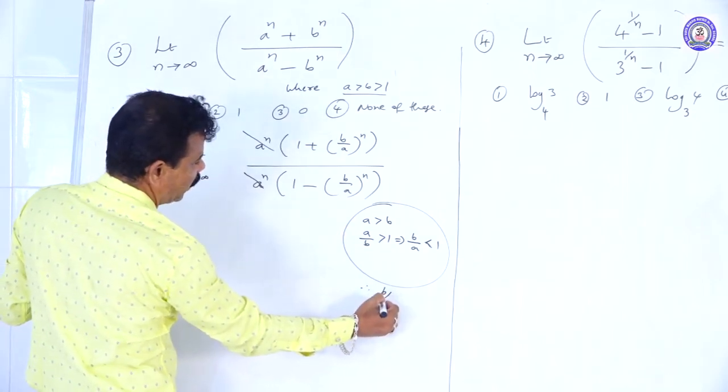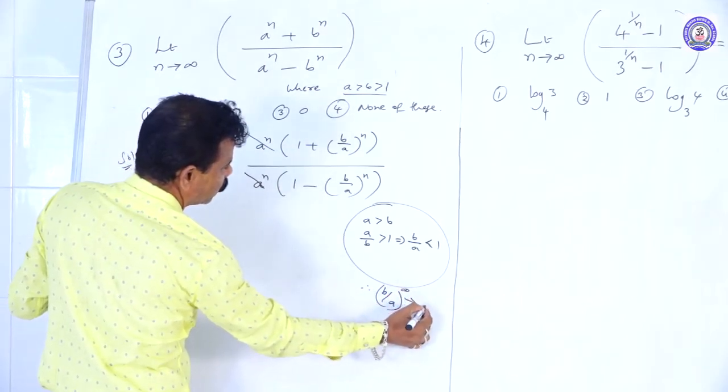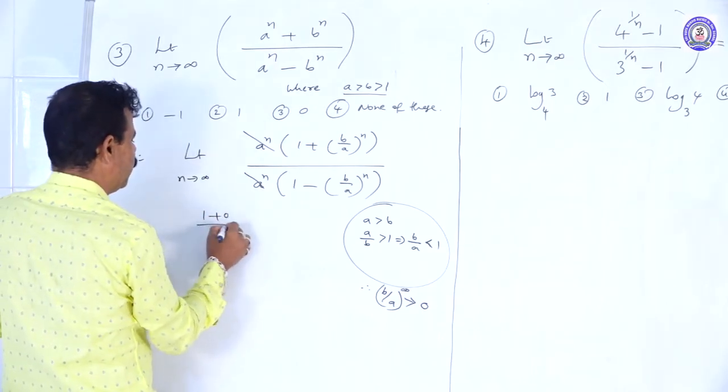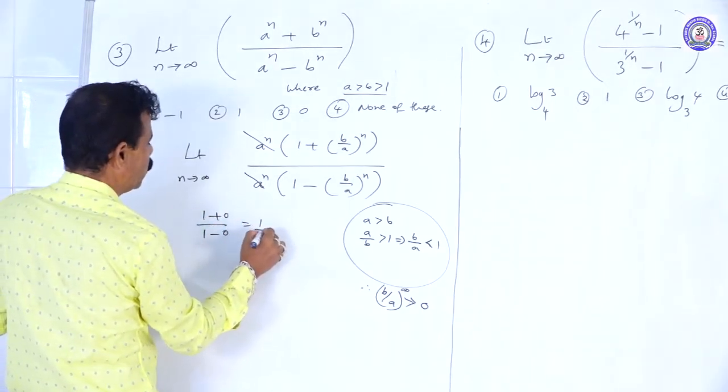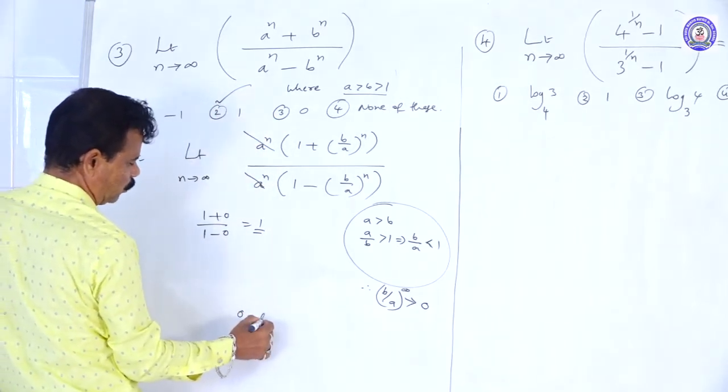Therefore b by a tends to 0. So 1 plus 0 by 1 minus 0 is equal to 1, the answer. Second option, option 2.